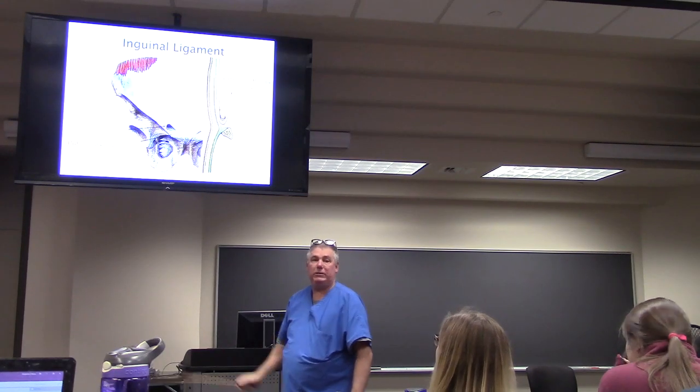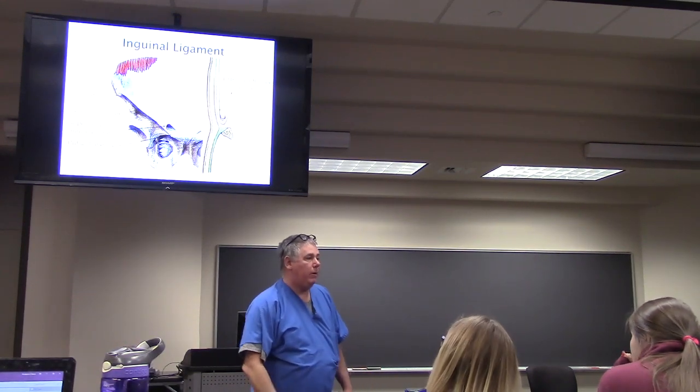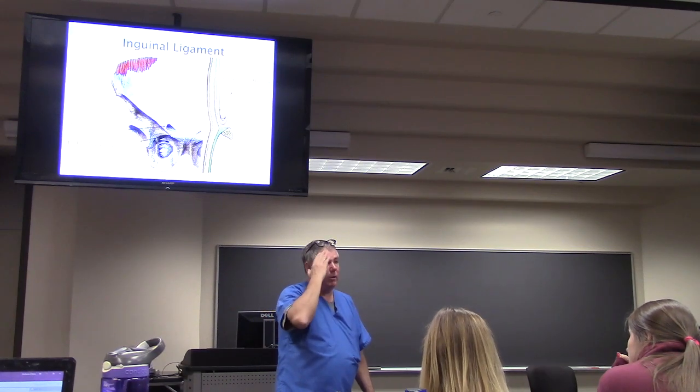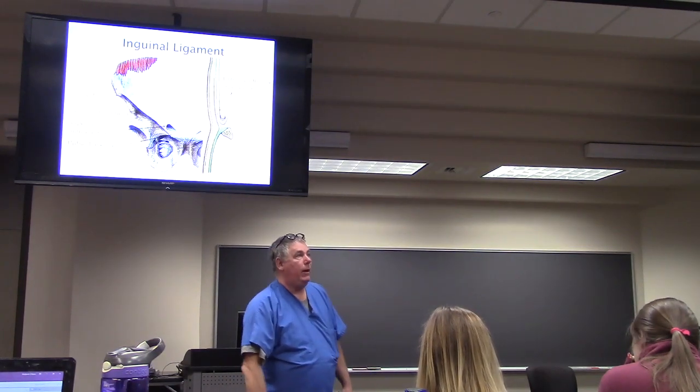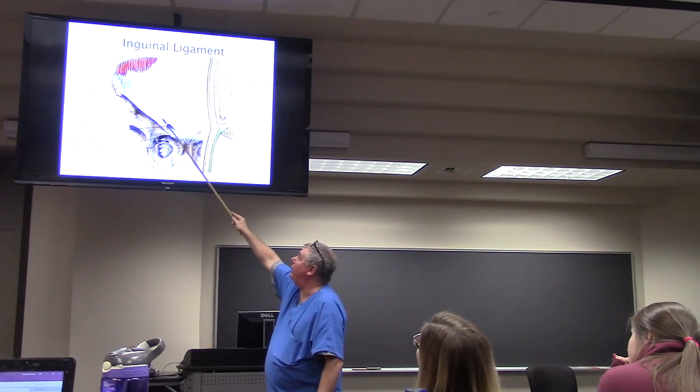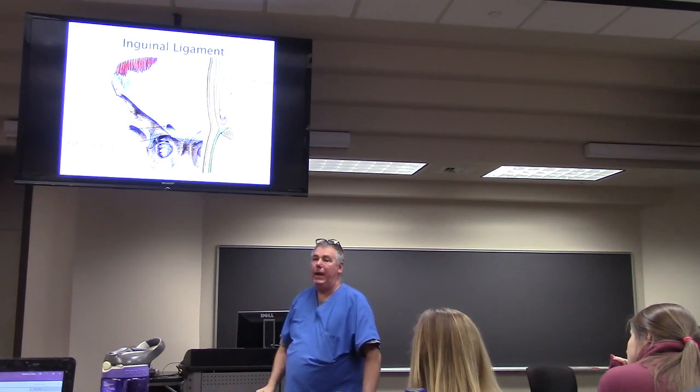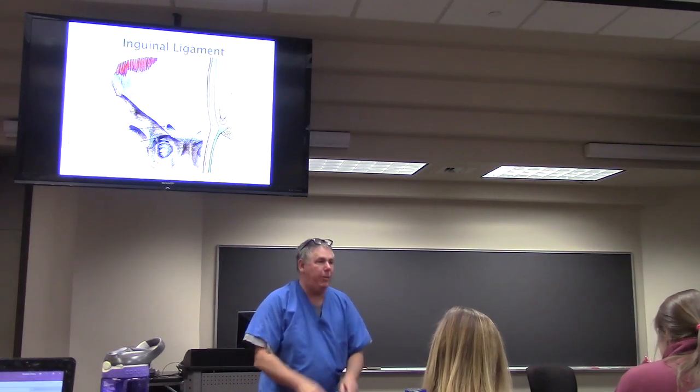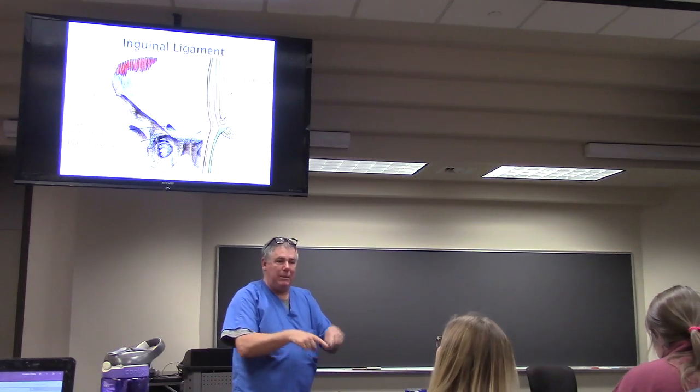You can decrease the diameter of the hole and prevent inguinal hernias, that we'll talk about here in a second. Anyway, these intracrural fibers here, they help keep the opening from unzipping.